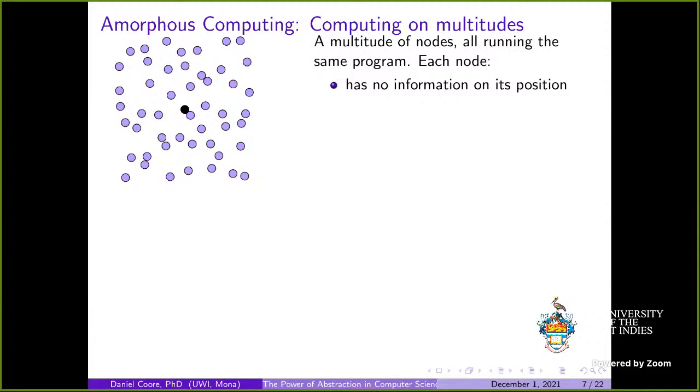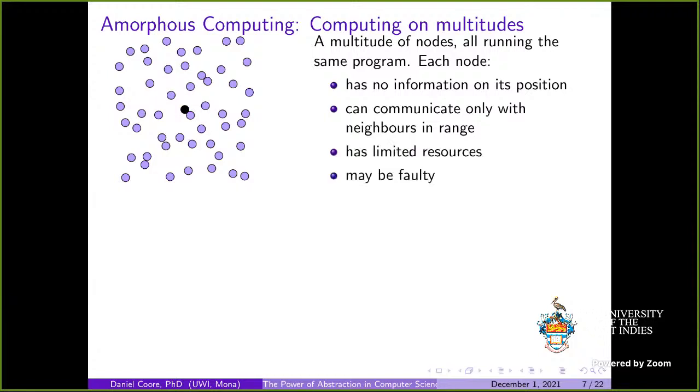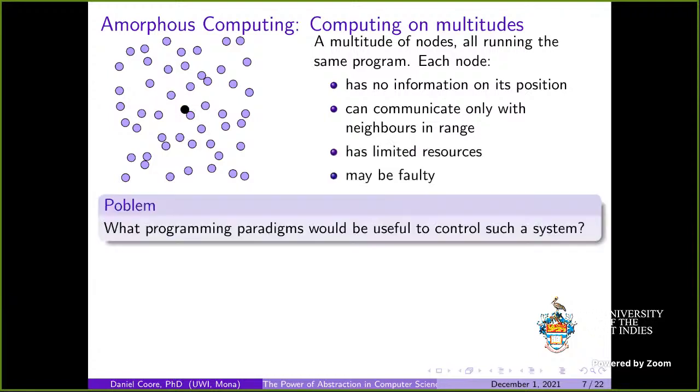So it makes sense to try to minimize the assumptions on the capabilities of these nodes. So we presumed they had no information on their position, even though certainly more powerful nodes could have GPS, for example. We presumed that these nodes would communicate only locally, meaning with all the neighbors within a particular range. And they all had limited resources and maybe they were faulty.